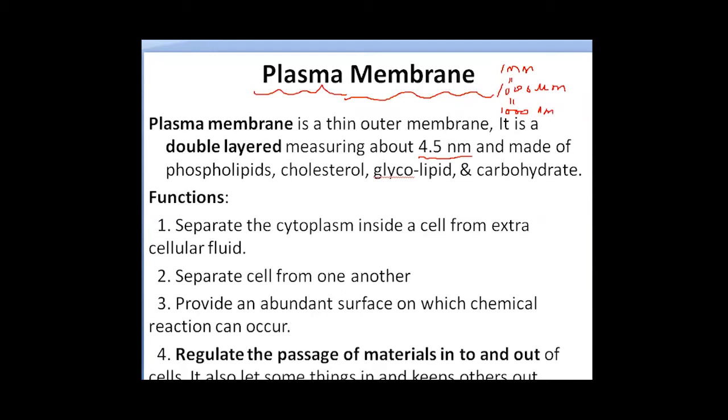That structure is a double layer in there. And they have a lot of chemicals in there. So that's basically the structure of the plasma membrane.